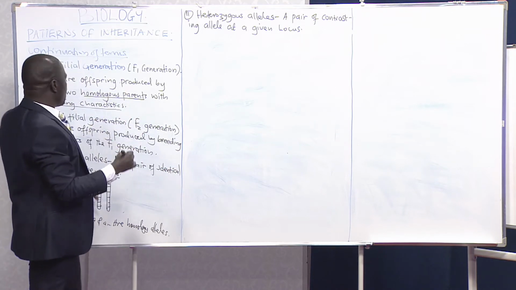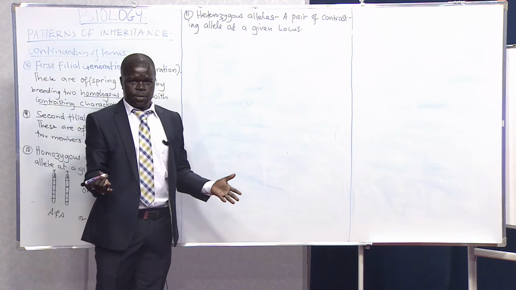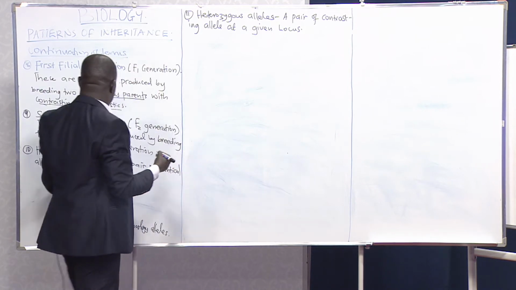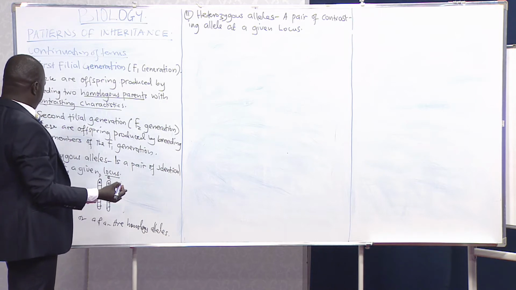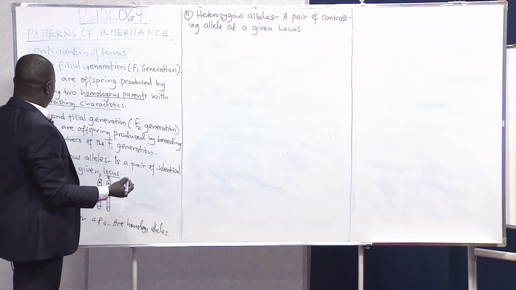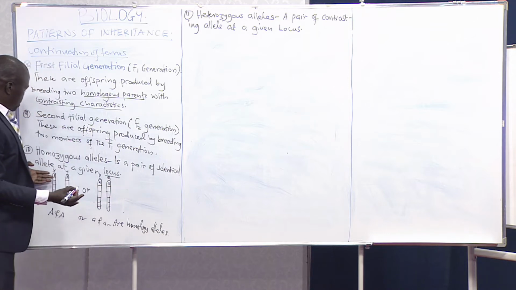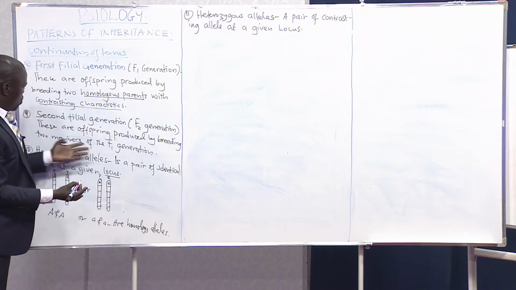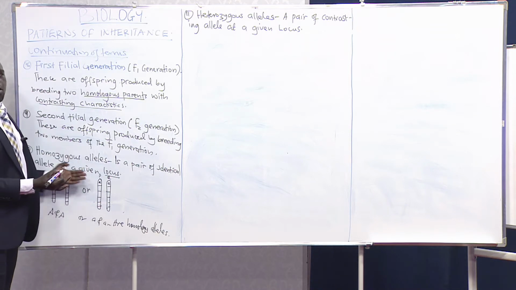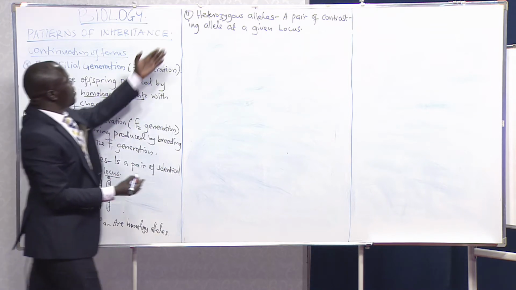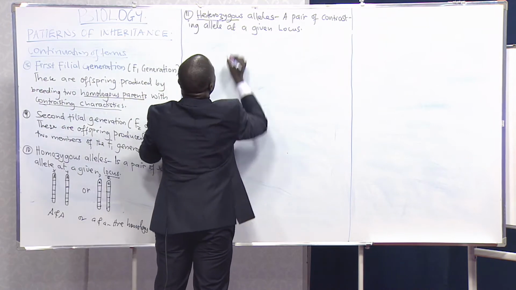If X and Y are chromosomes, and P and Q are also chromosomes, but they have a pair of identical alleles, then these alleles are homozygous. Then we have heterozygous. Look at them.